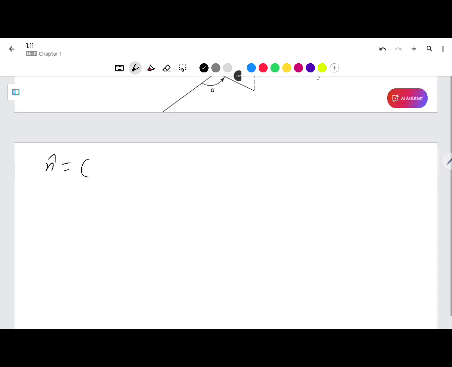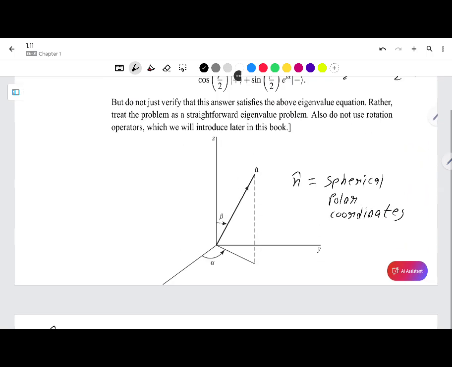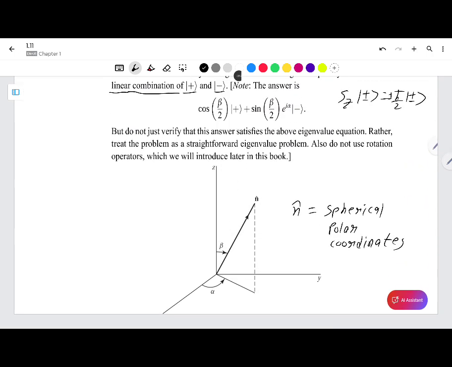This is the z component, and z is cos beta.